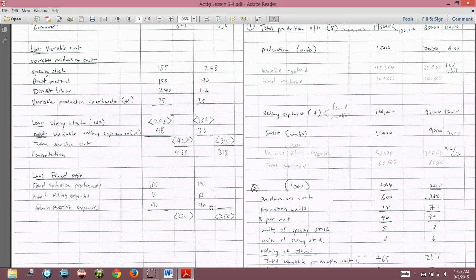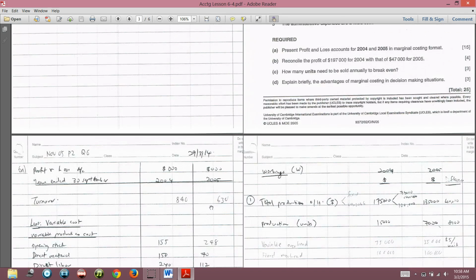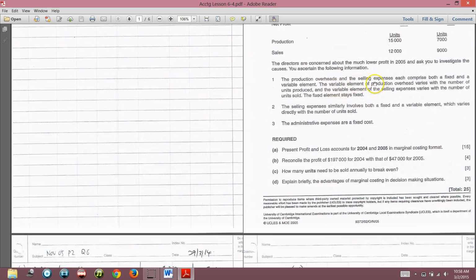Okay, so now what are they saying? They are saying that production overheads and selling expenses comprise a fixed and variable element. The variable element of production overheads varies with the number of units produced, and the variable selling expenses varies with the number of units sold. Fixed elements stay fixed.